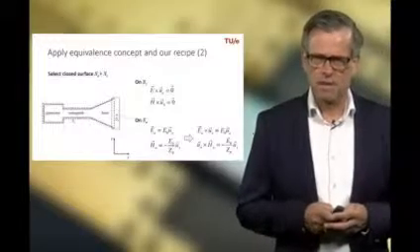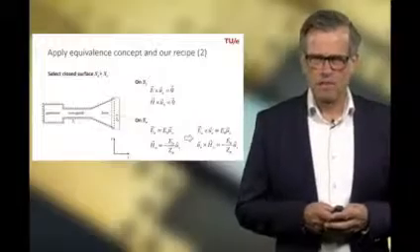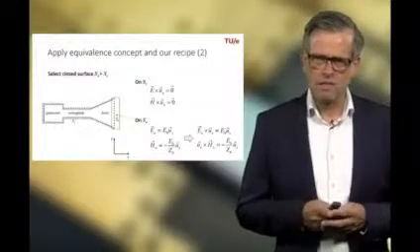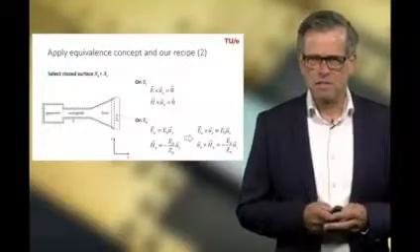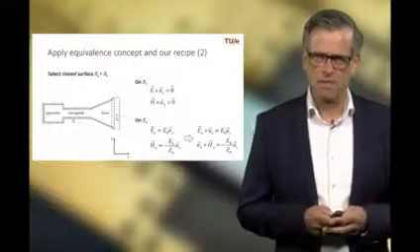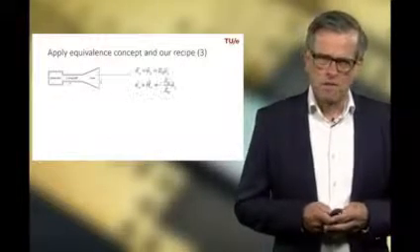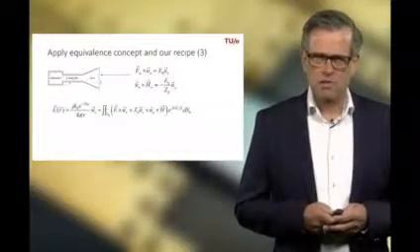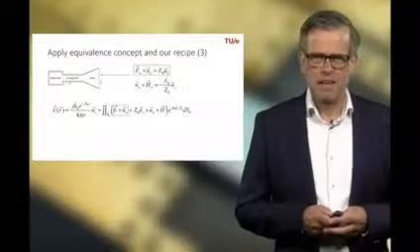It's easily calculated because the normal vector on SA is the normal vector in the Z direction, and the outer product is then easily found as shown here for both the tangential electric and magnetic fields. So we know now the tangential components. We can substitute that in this recipe that we derived.